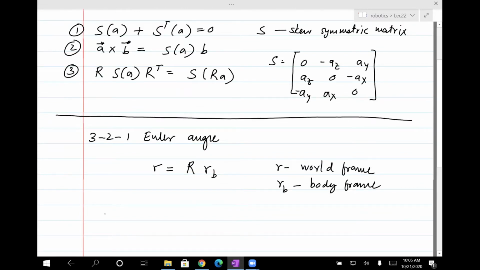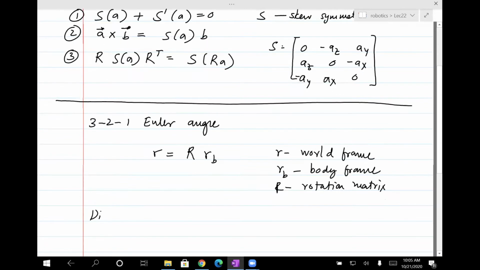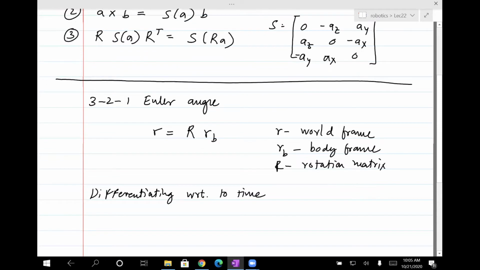So R is the rotation matrix. What we'll do next is take the derivative of this whole quantity with respect to time. So differentiating with respect to time, we have r dot equals R dot times rb plus R times rb dot.